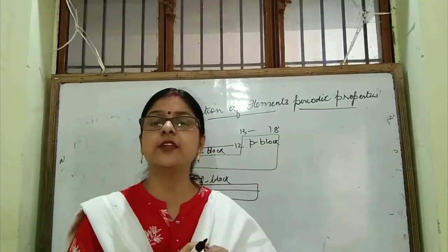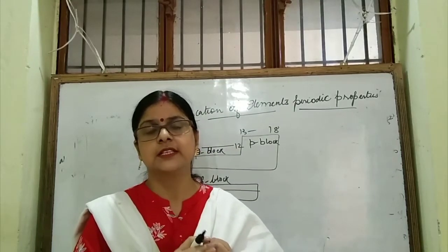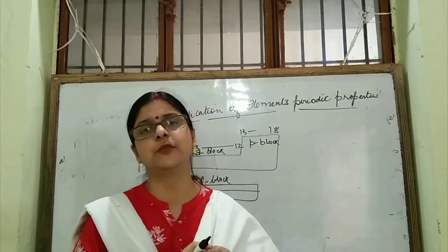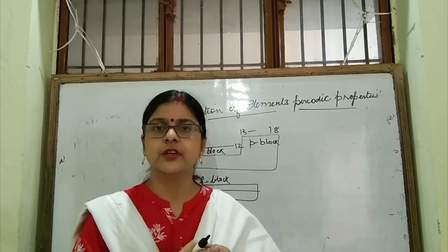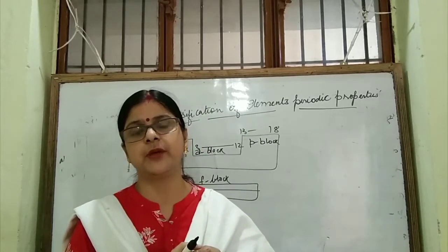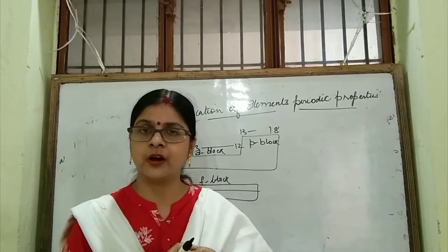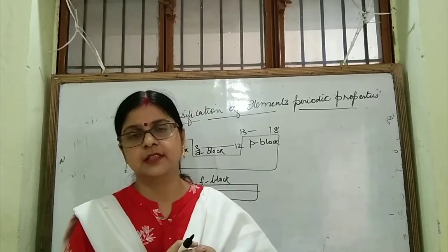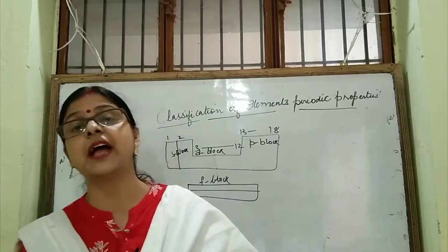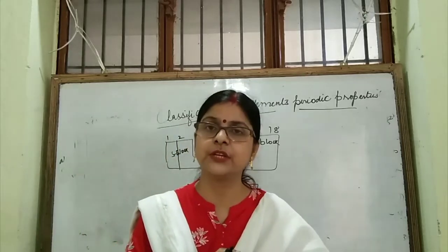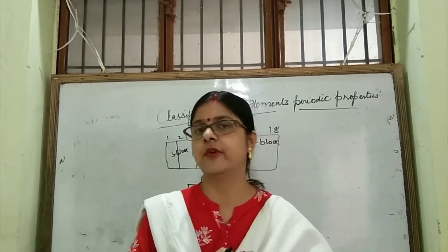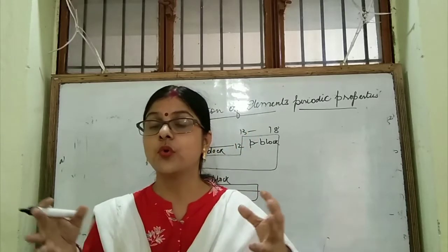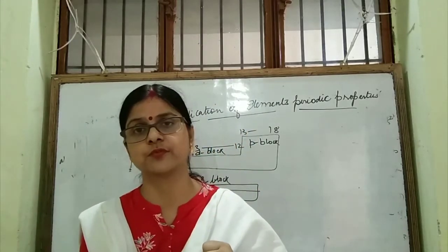There were certain anomalous positions of elements. Some elements with higher atomic masses were kept before elements having lower atomic masses. Then Mendeleev divided the groups into subgroups, and there was no correlation between these subgroups.